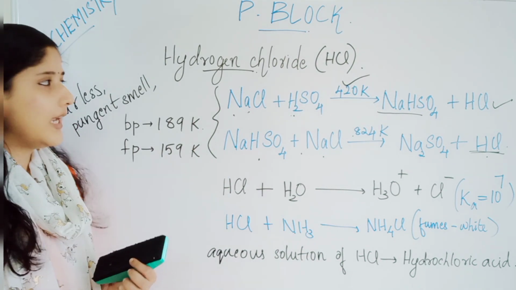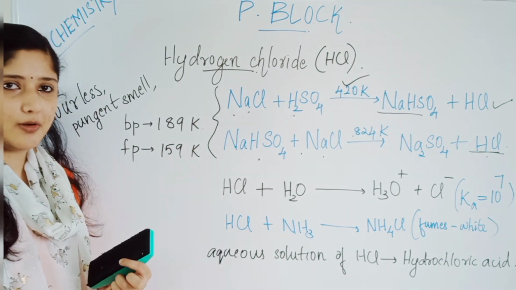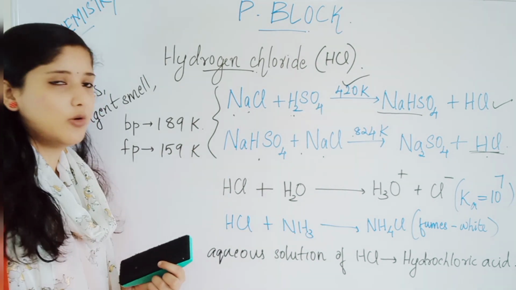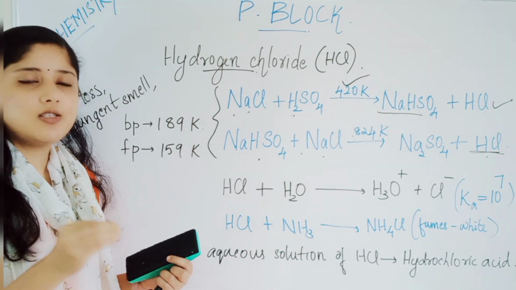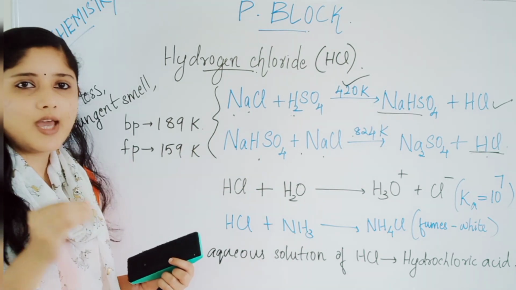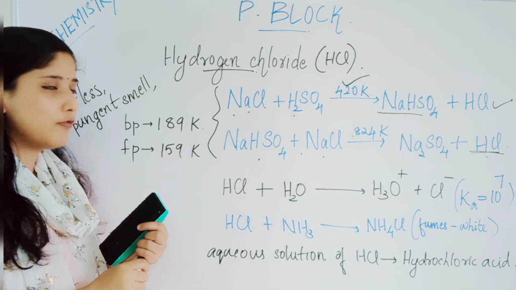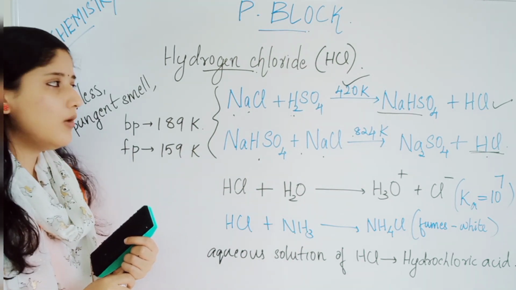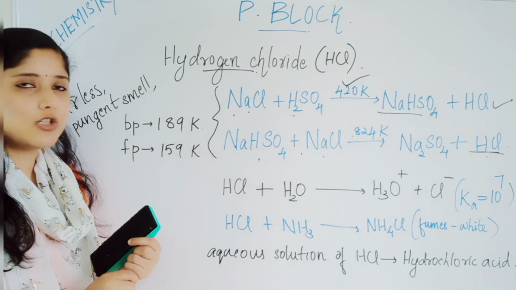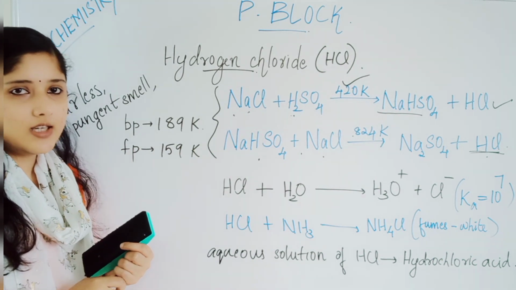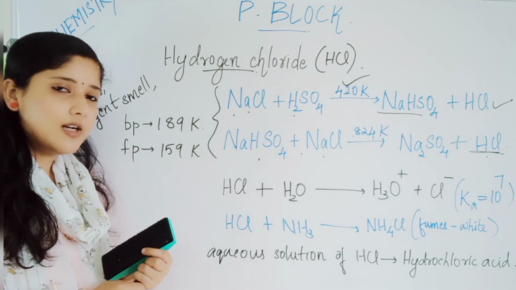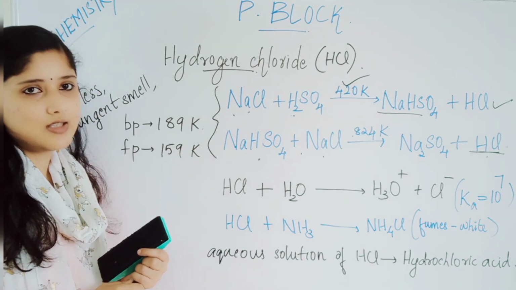Moving on to HCl, or hydrogen chloride. Hydrogen chloride is usually used as a bleaching agent, that is, it bleaches vegetables and organic matter in the presence of moisture. Now we can study the preparation of hydrogen chloride. It's prepared by heating sodium chloride salt in the presence of sulfuric acid.